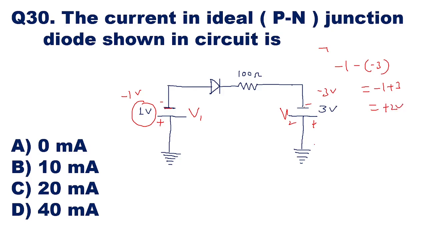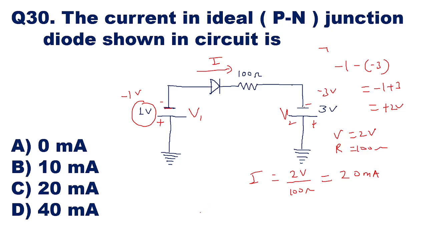volt. Now the voltage V is equal to 2 volt, and a resistance is given, R is equal to 100 ohms. So how much is the current which is going to flow through this? When we calculate, the current I is equal to 2 volt upon 100 ohms, which is nothing but 20 milliamperes.